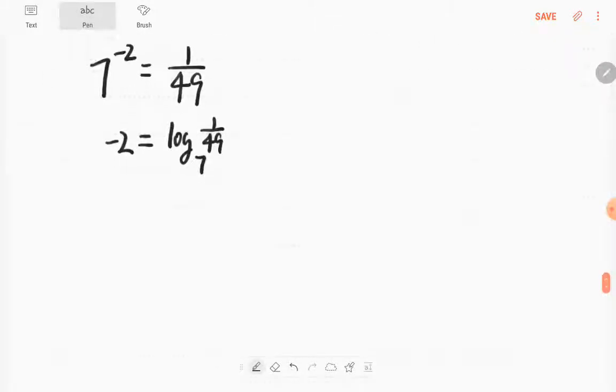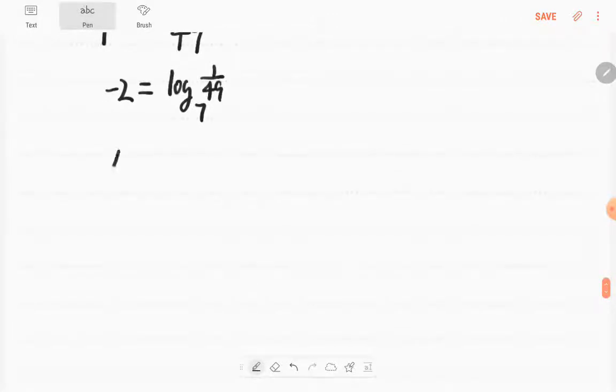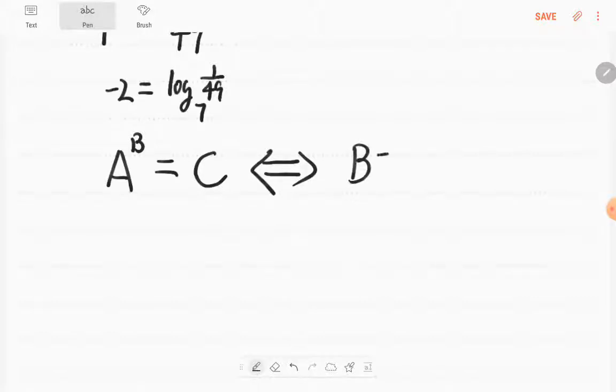So if you have a to the b equals c, then the equivalent logarithmic form is b equals log to the base a of c. Okay, so we can also use it backward.